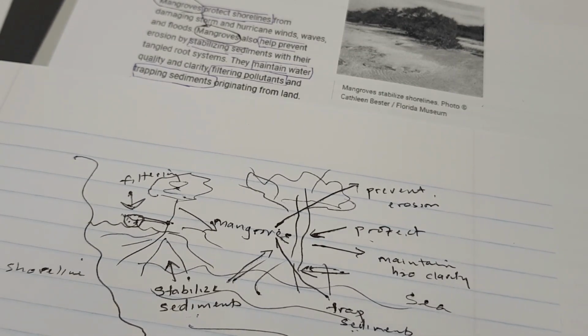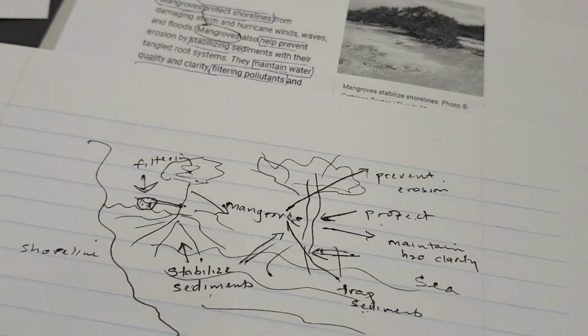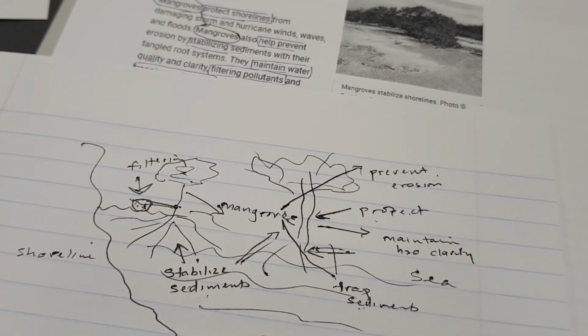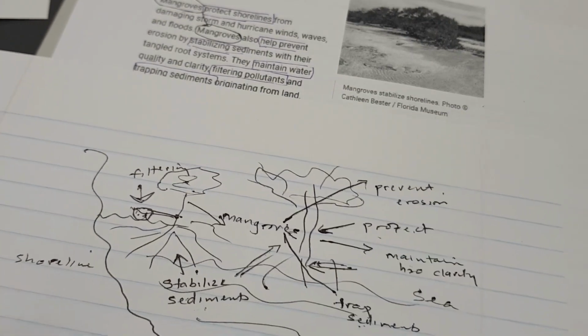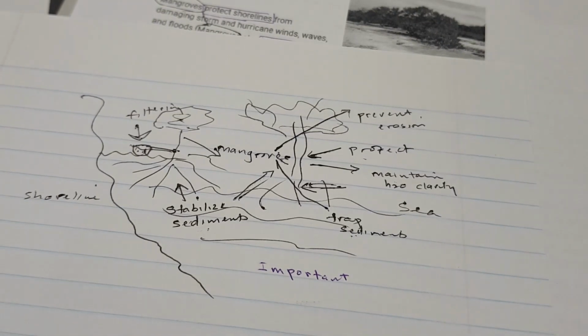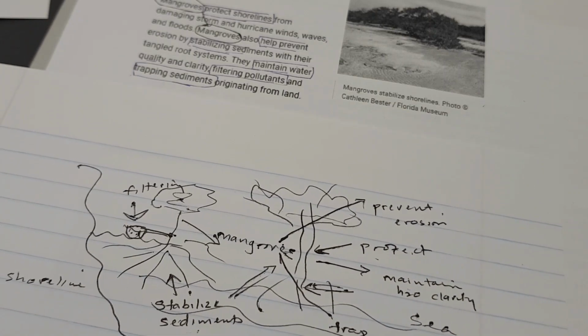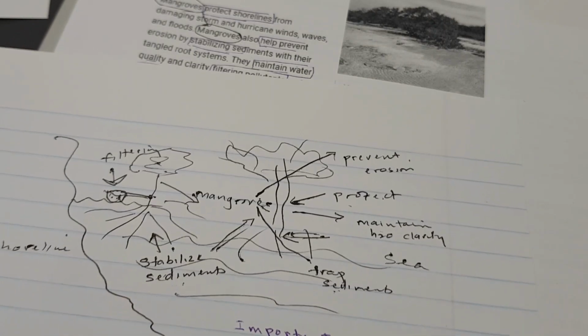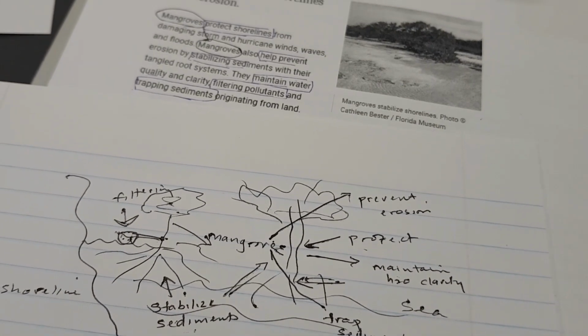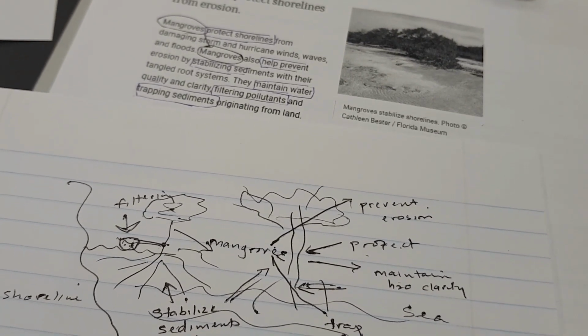Then couldn't I come to the conclusion that a mangrove is very important to the ecology of a coastal area or to a shoreline? Can I come to that conclusion? They didn't tell me that. Nowhere in that passage do they use the word important.